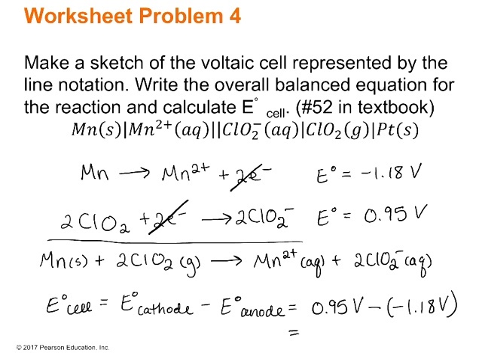Okay, so I'm going to plug this into my calculator real quick. 0.95 plus 1.18. So we should get a value of 2.13 volts. So is this spontaneous or non-spontaneous? It's positive, so it's spontaneous, which works out because we already drew our diagram, so it's a good thing it's spontaneous.